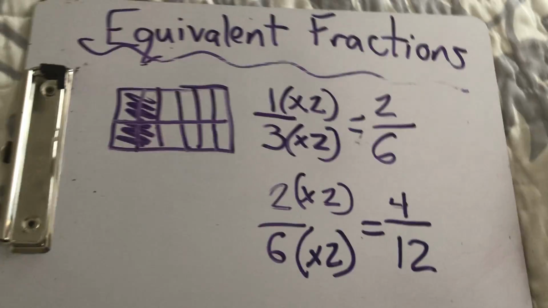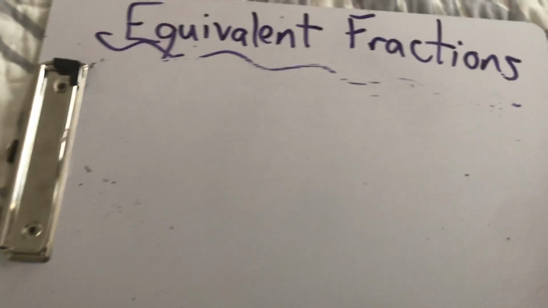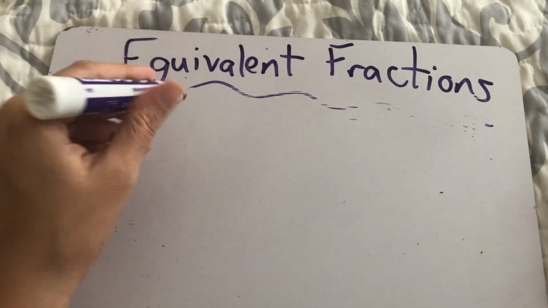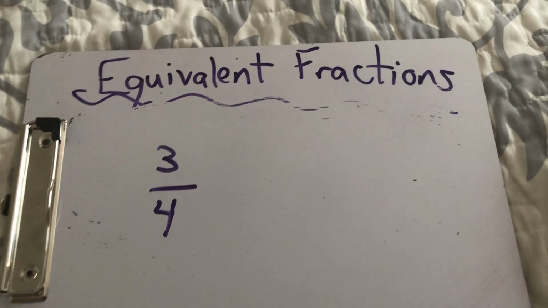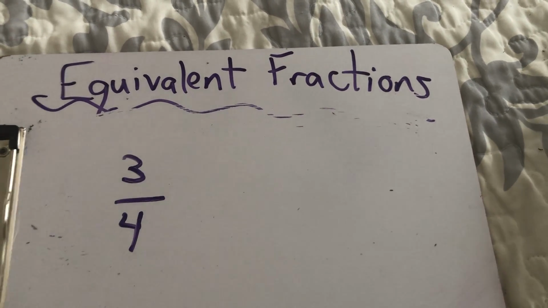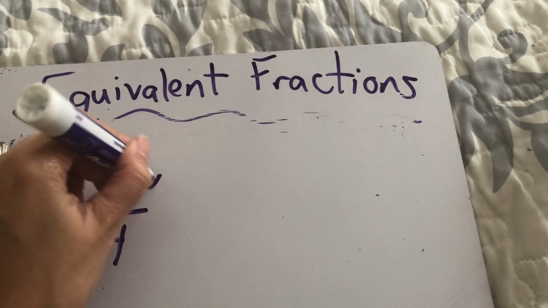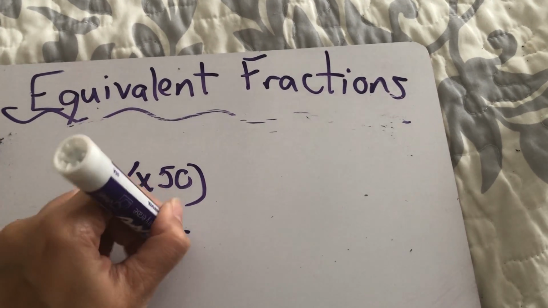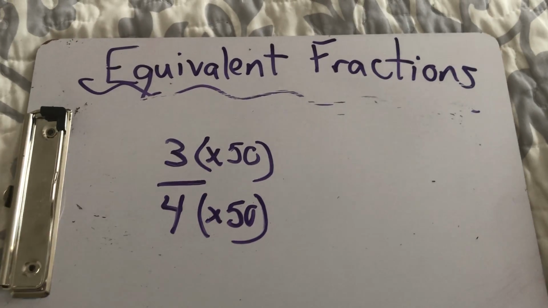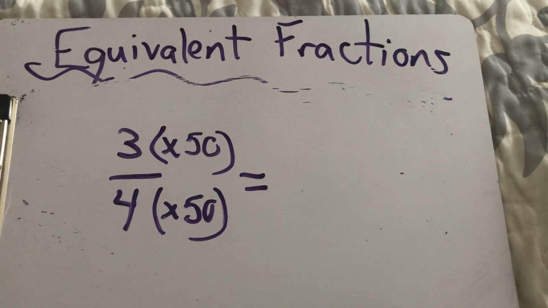But as I said, we can take any number, any fraction, for example, 3/4. If I wanted to find an equivalent fraction of 3/4, I could multiply 3/4 by 50. Again, multiply the top and bottom by any number, and you will get an equivalent fraction.